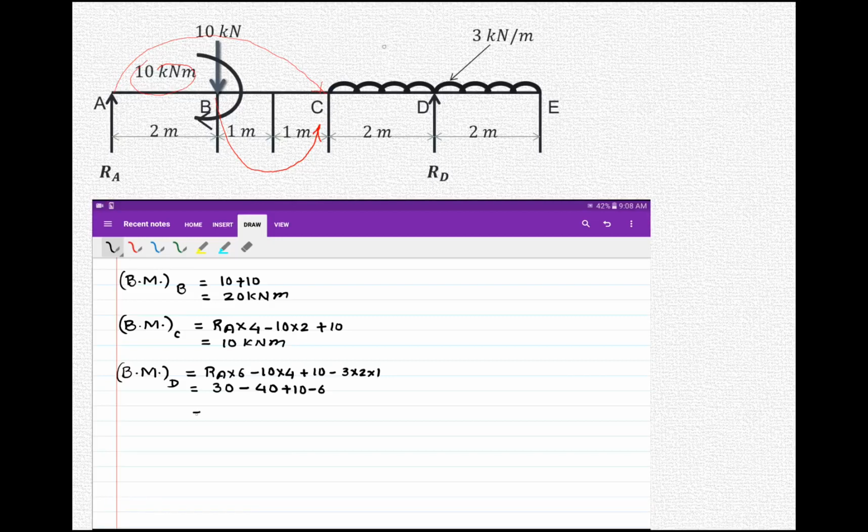So this UDL will be acting over here at the center, and that UDL is of 3 into 2 and it will produce anti-clockwise moment, and this distance is 1 meter.